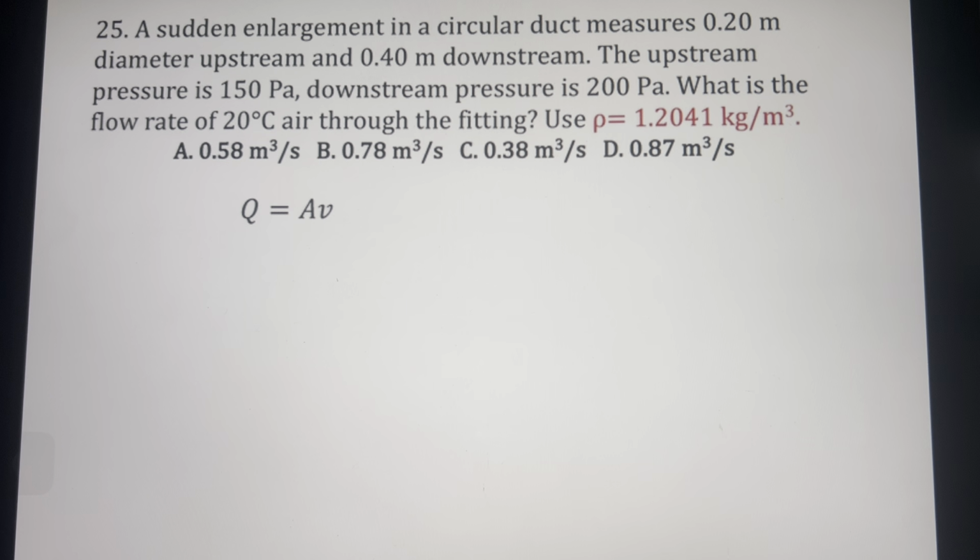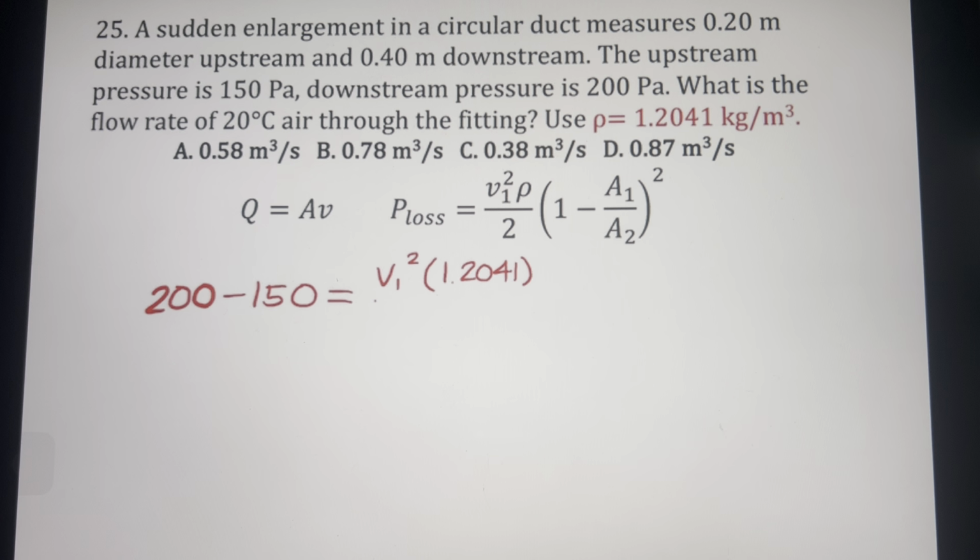And on the downstream, we have 200 Pascal. So our pressure loss is 200 minus 1T is equal to V1 squared times rho, or our density, 1.204 over 2.